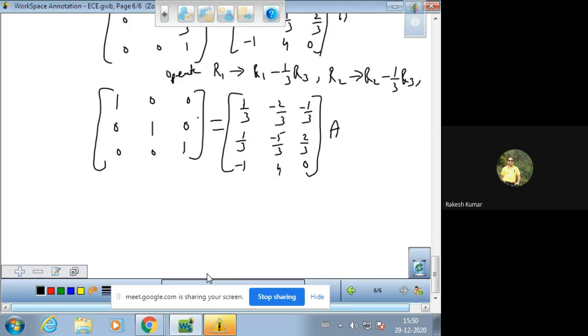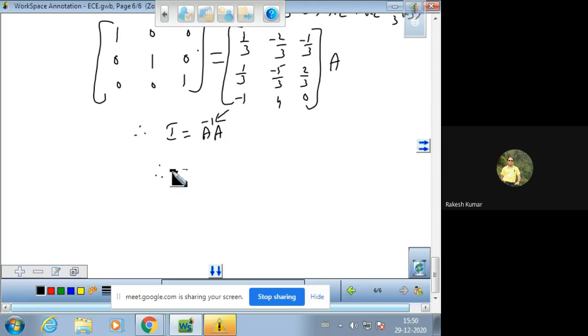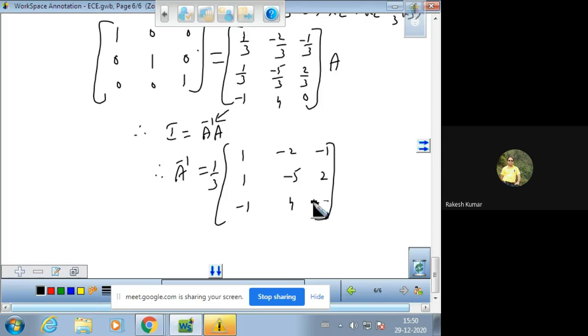Now, this can be written as, therefore, I is A inverse into A. So this is A inverse matrix. And it can be written here. So the matrix A inverse is 1 by 3 can be taken common. So 1 minus 2 minus 1, and 1 minus 5 is 2, minus 1, 4, 0.